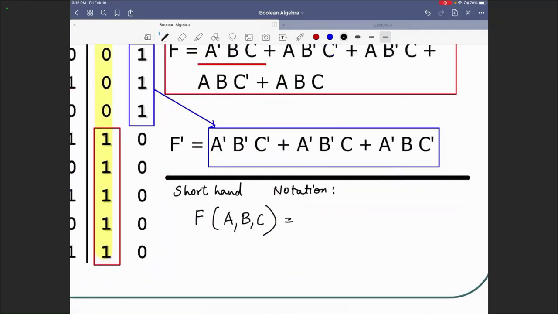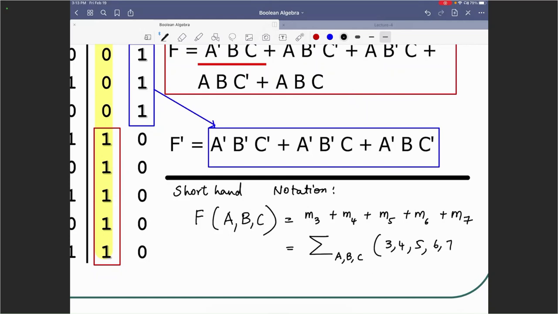So one way would be minterm 3 plus minterm 4 plus minterm 5 plus minterm 6 plus minterm 7. Or I can write it using a summation sign, and I can say my inputs are in the order A, comma B, comma C, and the minterms that are involved are 3, 4, 5, 6, and 7.